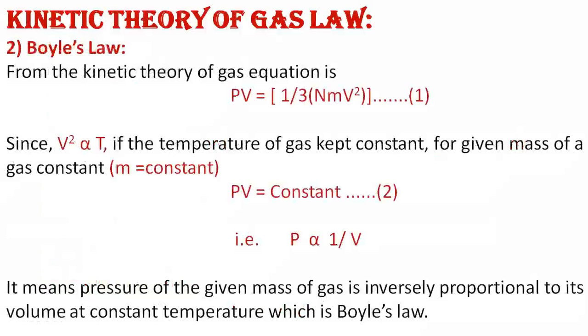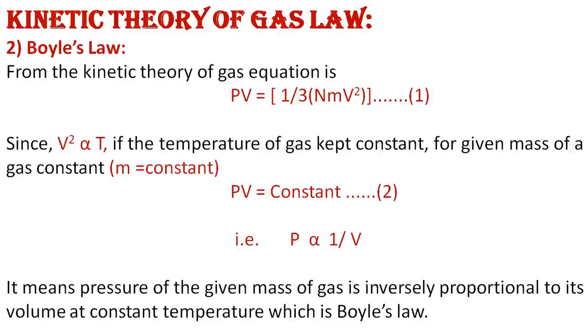Now the second gas law, that is Boyle's law. From the kinetic theory of gas equation, PV is equal to 1 by 3 N m v square. That is equation number 1. Since v square is directly proportional to the temperature, if the temperature of the gas is kept constant for a given mass of gas, that is the mass is constant, so PV is equal to constant.